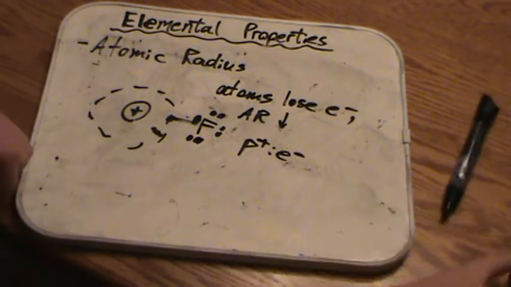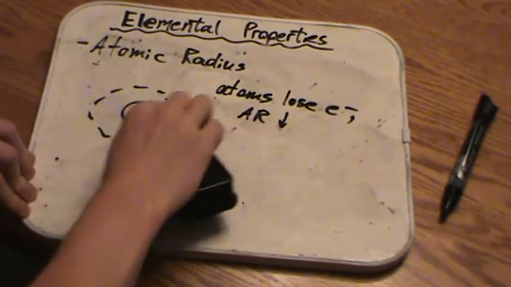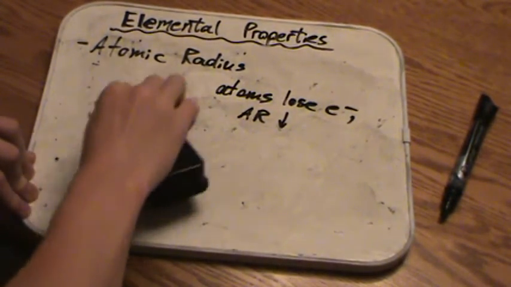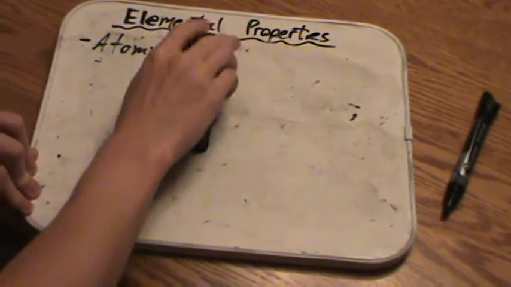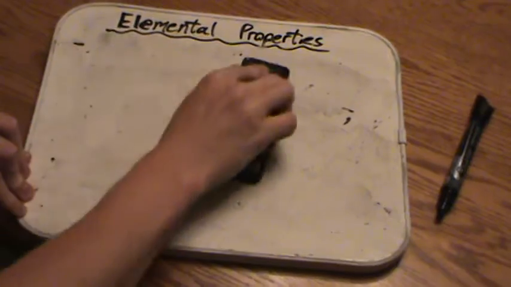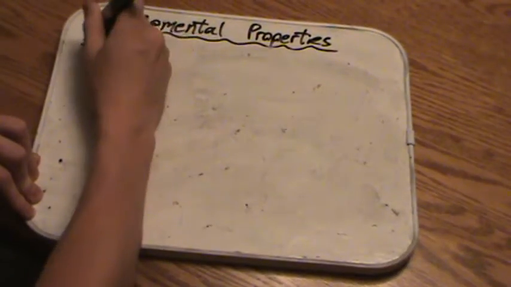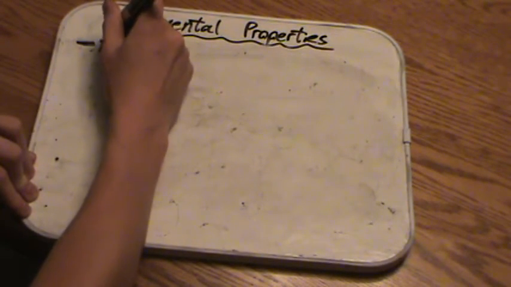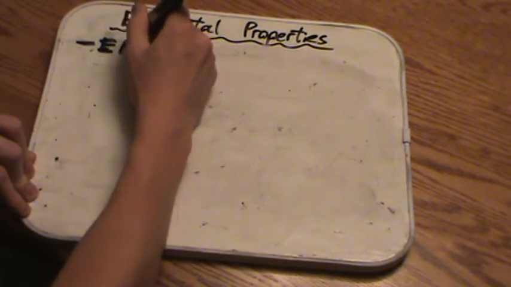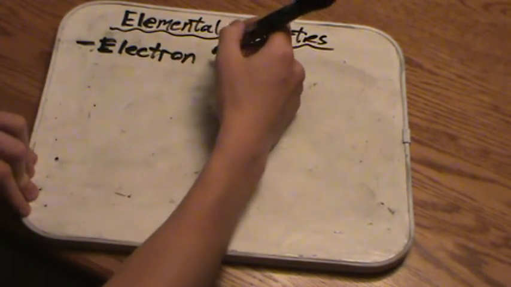So now we need to talk about the idea of electron affinity before we finally get to the electronegativity idea. Electron affinity is not something that we will discuss too much in later videos. The only video where it may be discussed is in the concept called the Born-Haber cycle.